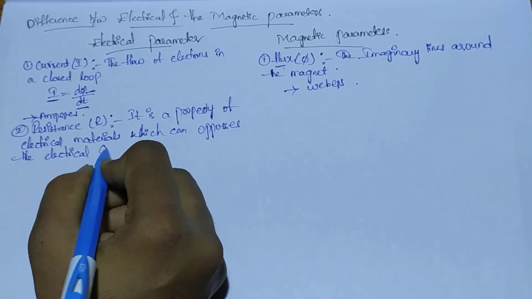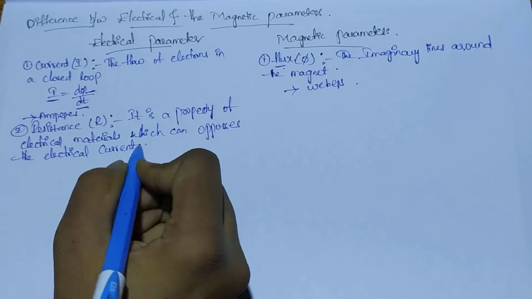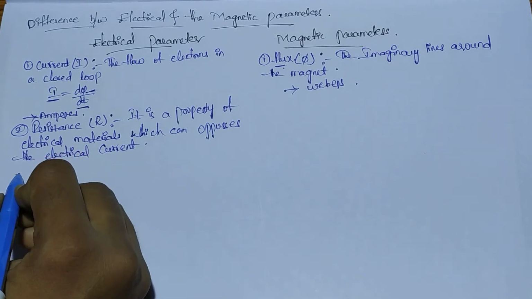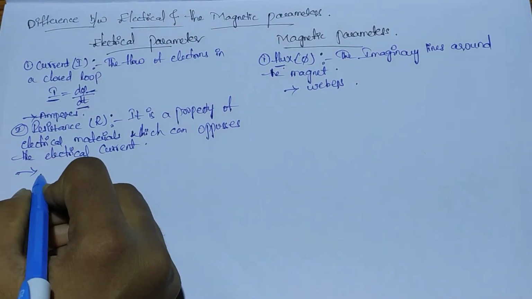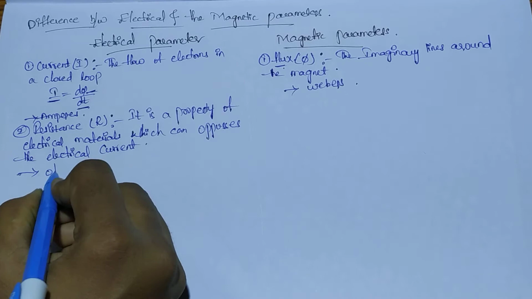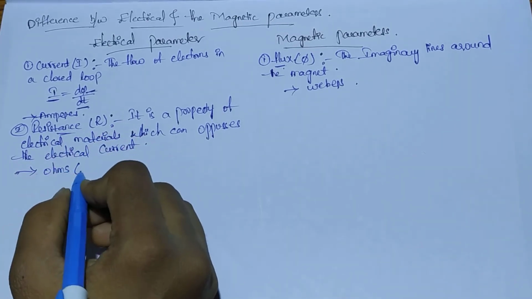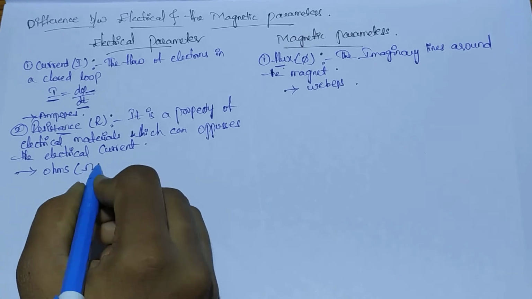It is a property which opposes the electrical current, called resistance. Its units are ohms, and we can denote these units in a simple manner like this.